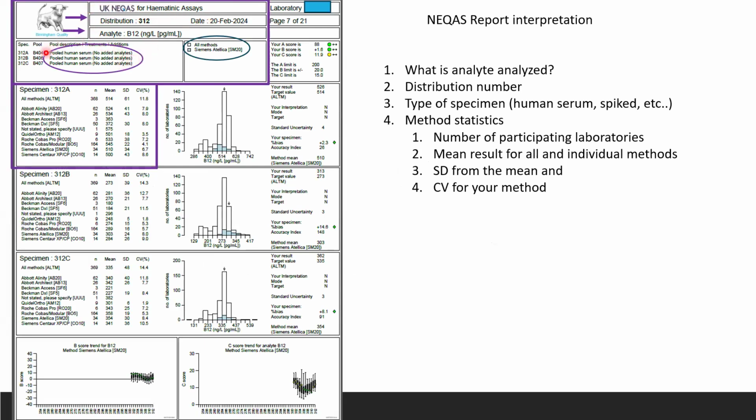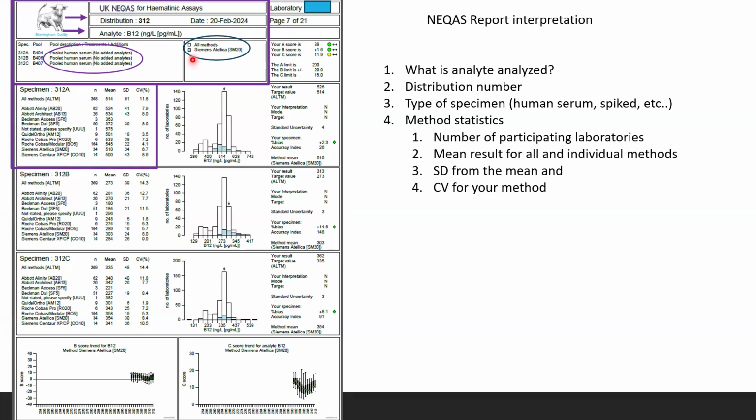Then we need to pay attention to the type of sample that has been used for analysis, and it's underneath. We usually have 3 samples per each distribution, and in this case, it says that it's a pooled human serum. But then in other cases, these could be spiked samples, or in any case, it will be noted on this side of the graph here.